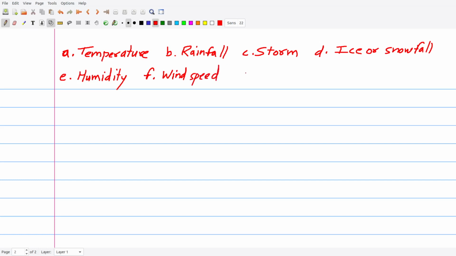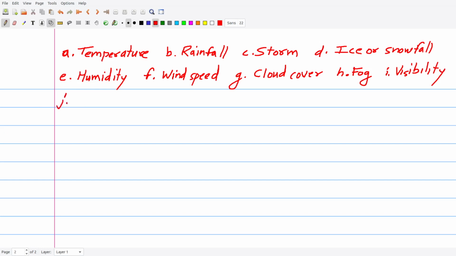High winds can cause problems. Then cloud cover. Then, very famous in Delhi, a problem with weather condition is fog. Then visibility.